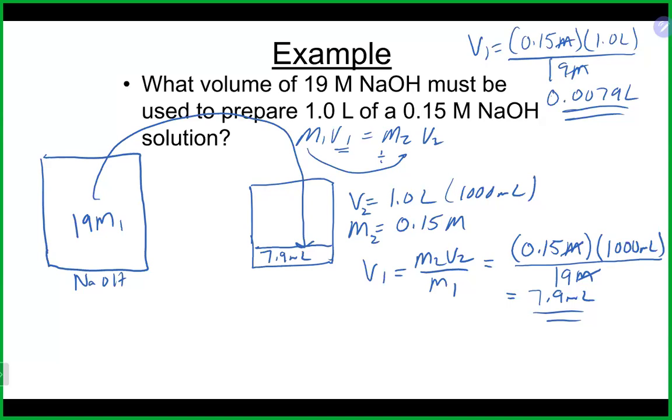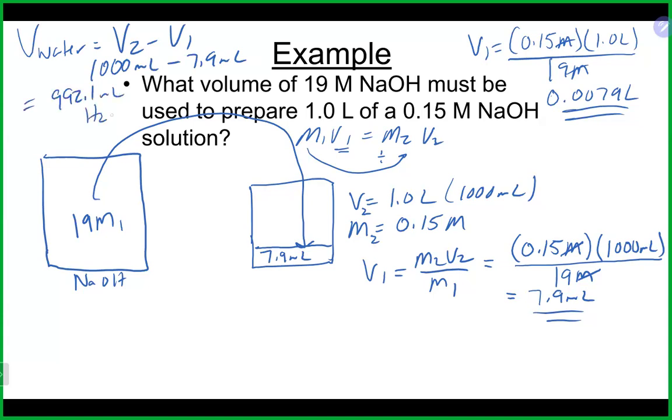So because I've already put 7.9 milliliters of the more concentrated solution in there, I can figure out the volume of water that's needed by taking basically V2 minus V1. V2 is my final volume I'm looking for, which is 1,000 milliliters, minus my 7.9 milliliters that I've already put in there. And again, 1,000 milliliters is 1 liter. And if I do that, that tells me I need to throw in there about 992.1 milliliters of water with it.